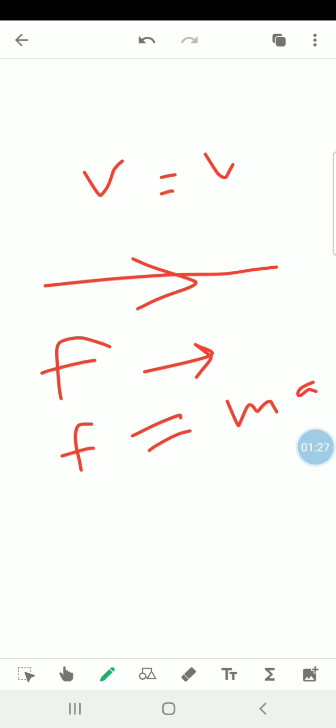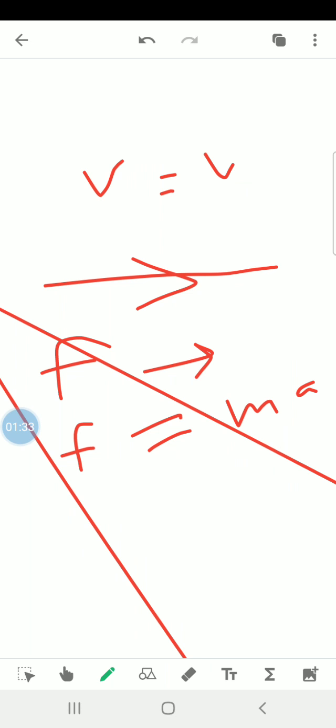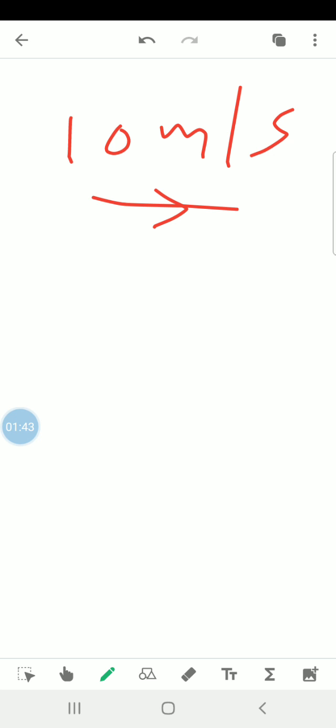Let's assume that something is moving at a speed of 10 meters per second in this direction, with an acceleration of 2 meters per second squared.